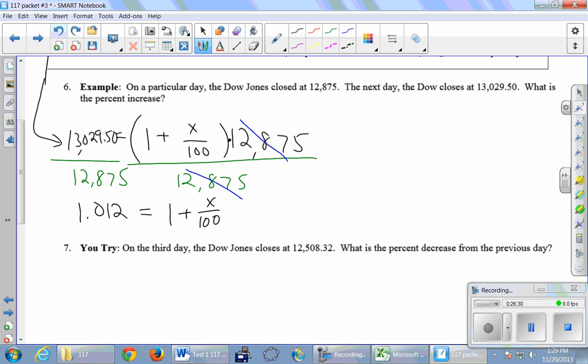So what needs to move next to get away from the x, the 1 or the 100? The 1. So go ahead and subtract that 1 from both sides. I don't need to see you guys writing -1, but if it helps you, then write it. Left-hand side is just 0.012. Right-hand side is x over 100.